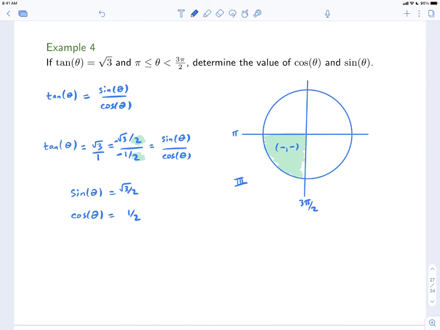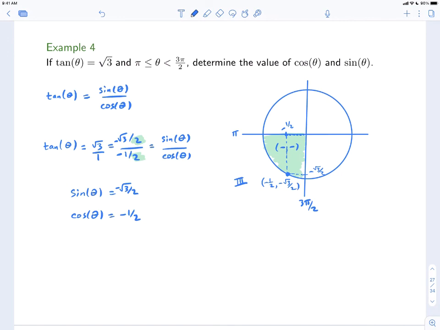So we have that sine of theta is the opposite of square root of 3 over 2, and cosine of theta is the opposite of 1/2. Cosine is the x value, so it's minus 1/2, and then the y value is minus square root of 3 over 2. So we're at this point right here, negative 1/2, negative square root of 3 over 2.